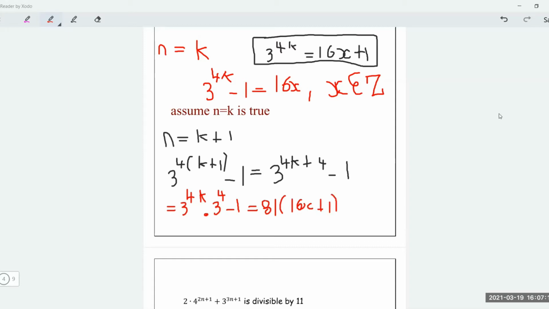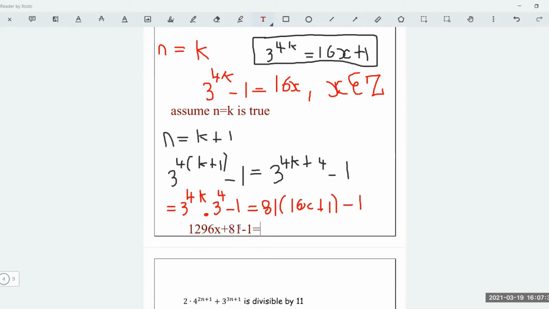So what does all of this work out to be? We plug in 81 times 16 in our calculator. 81 times 16 is 1,296x. Then 81 times 1 is plus 81, minus 1.